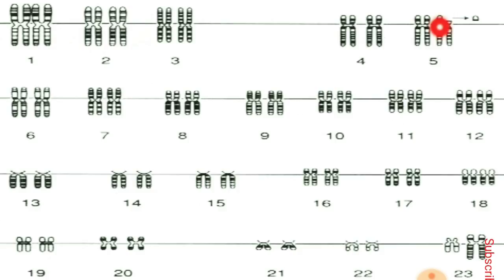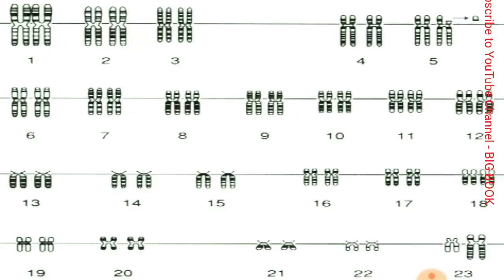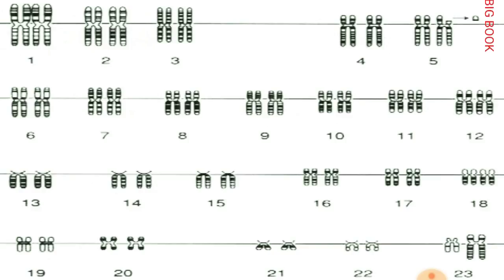Karyotype syndrome. Here you can see the P arm has got deleted. Here there is a difference between this karyotypic form and this karyotypic form. Here the single chromosomes have been arranged, here the sister chromatids have been arranged.